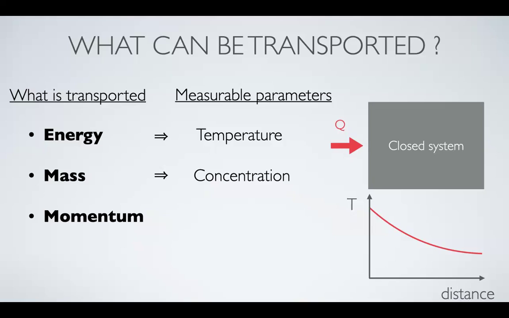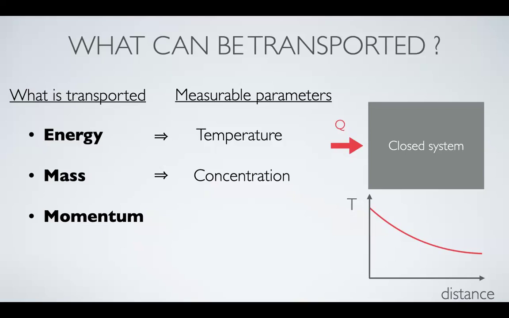So that's why the coffee can diffuse into the milk phase, and vice versa. I'll talk about this in detail later. But for mass, the measurable parameter is the concentration.